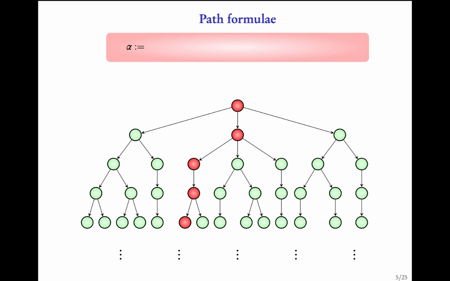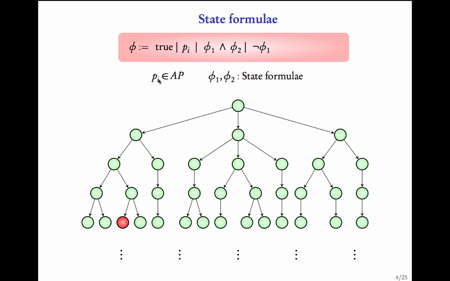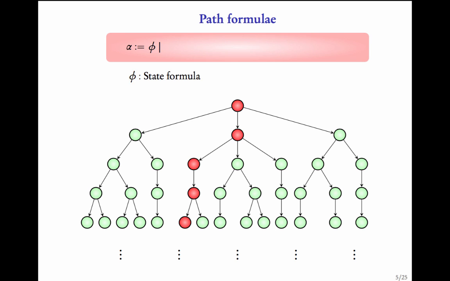For example, look at the state formula P1 and not P3. We can say that this path satisfies P1 and not P3 if this initial state satisfies P1 and not P3. This is the same way we defined LTL formulae. So every state formula can be looked at as a path formula as well, and the meaning of that is that the first state satisfies this formula.